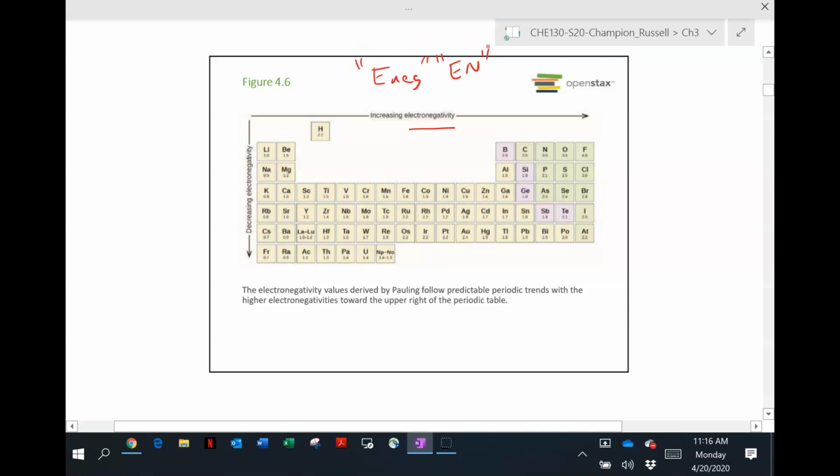Electronegativity is another periodic trend, like electron affinity and ionization energy. The electronegativity trend is that as you go across and up the periodic table, you increase the electronegativity.